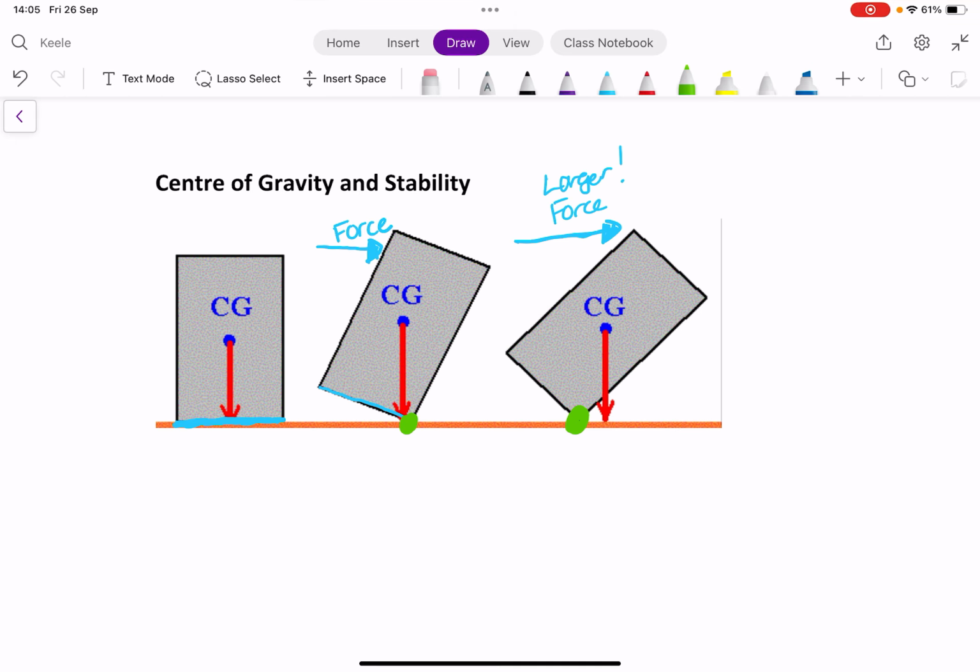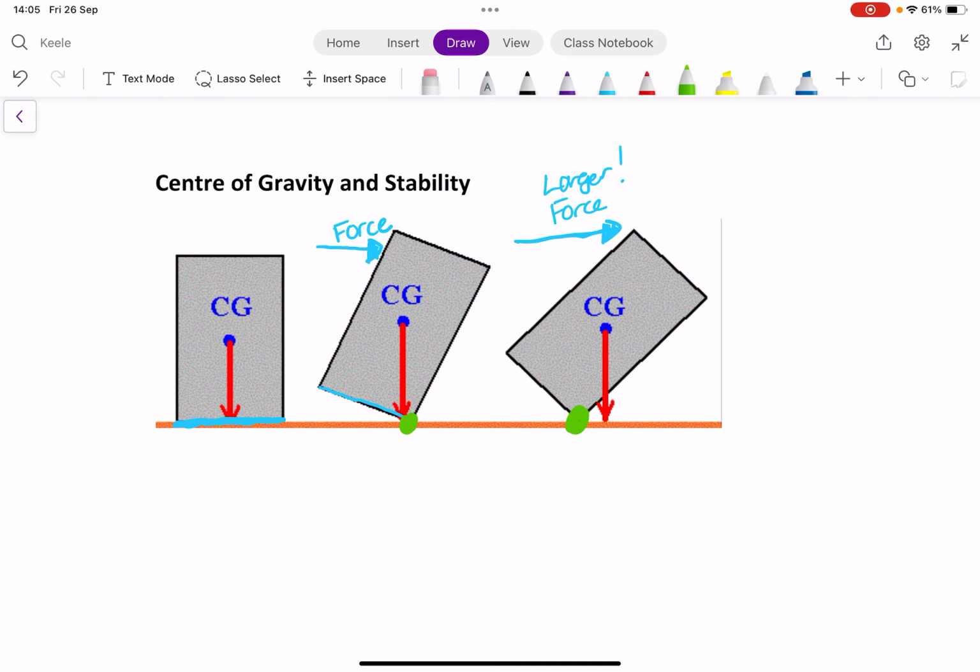What we could do is put this box on its corner, but that would be a position of instability because it would have to be very exact. It's unlikely to stay. And the smallest of forces would move the centre of gravity off this tiny base. So tiny bases, tiny contact points with the floor are very unstable because the centre of gravity doesn't have to move very far for it to leave its centre of support and fall over.